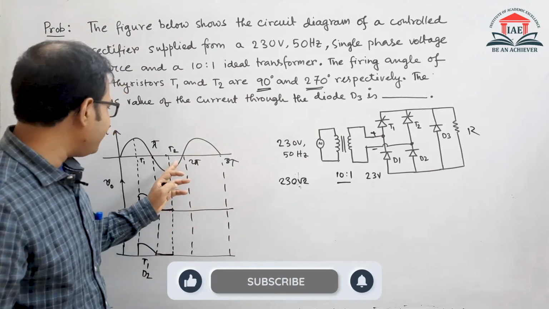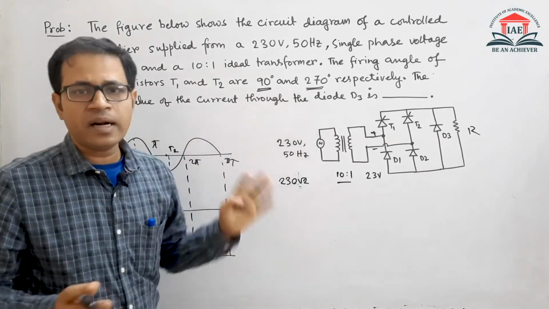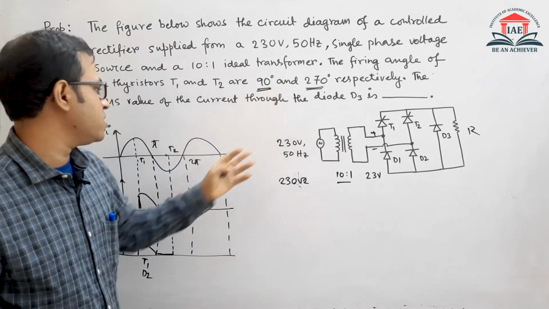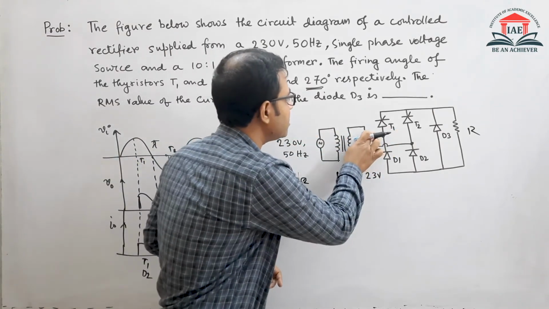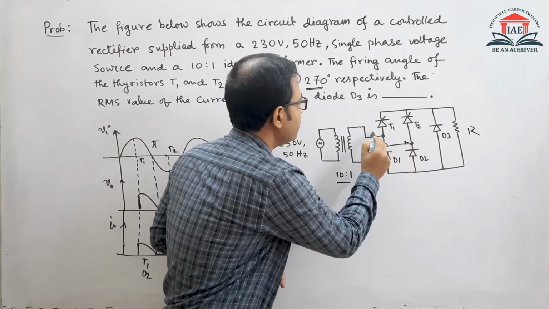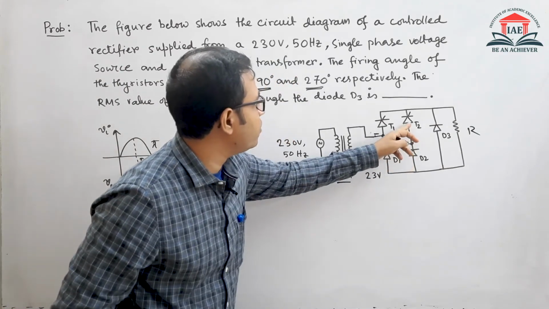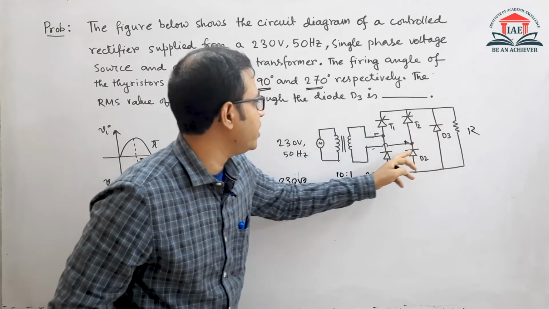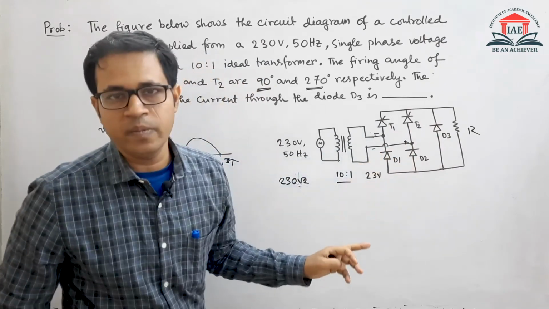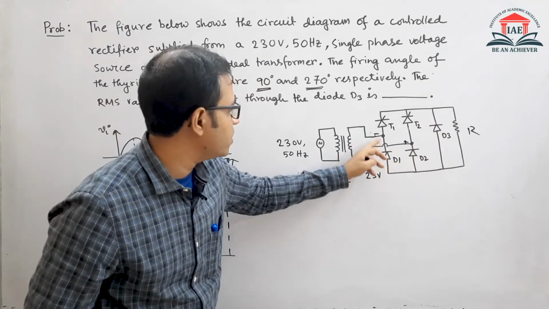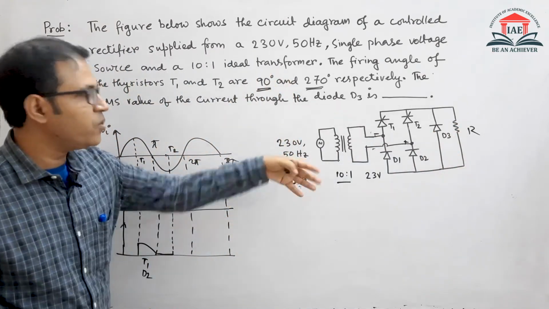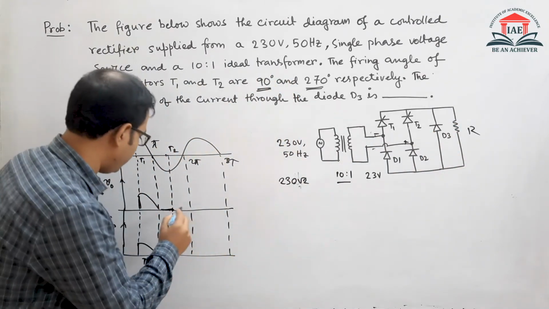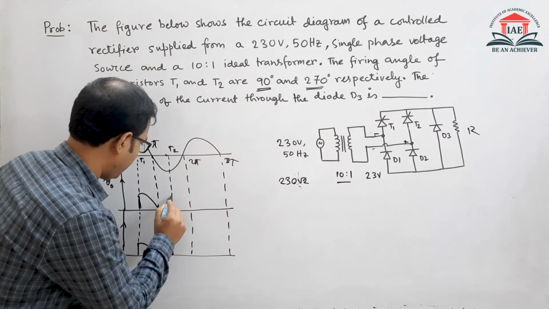Okay, in the negative half cycle, as you see, T2 is triggered at 270 degree. So we can say the same thing will happen. Now the polarities are positive and negative. Now this positive voltage through T2 will appear at this point. Now D1 is forward biased, instead of D2, D1 is forward biased. So this will go to this point and we will get the output voltage, though the input polarity is changing, but we will get the output voltage as positive.